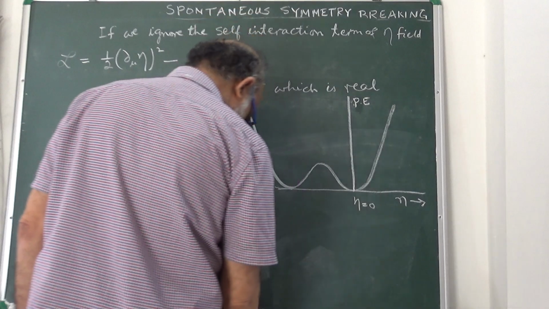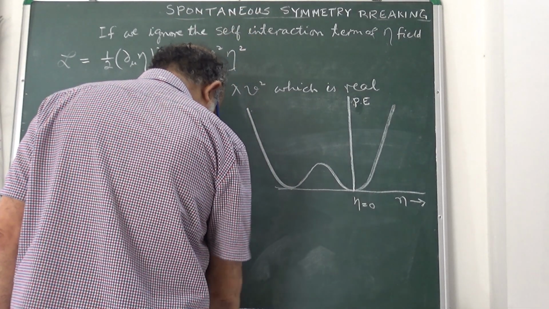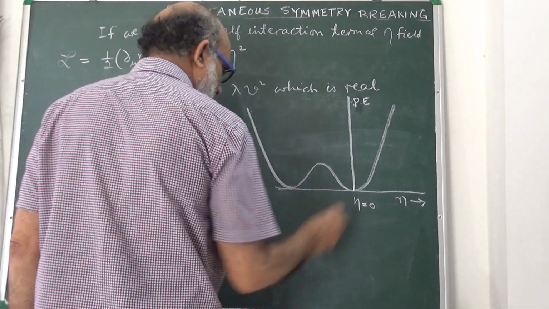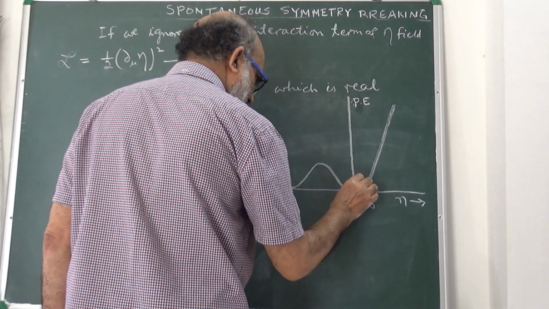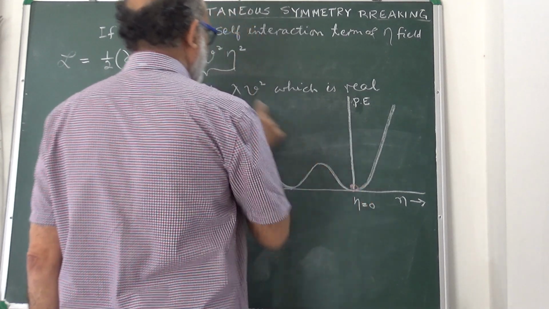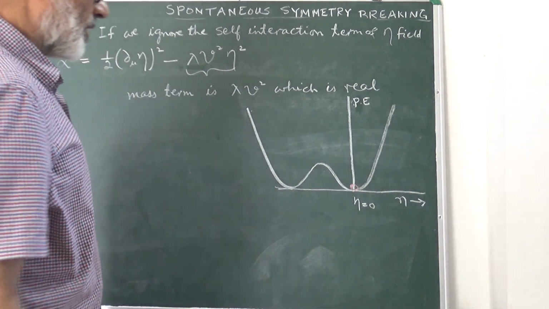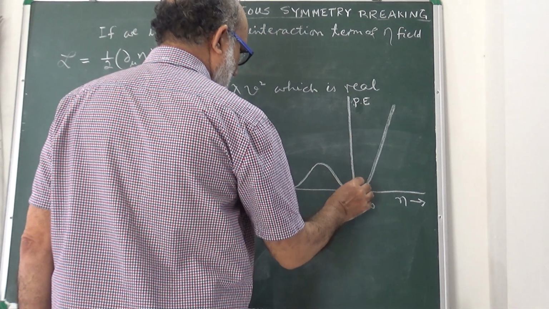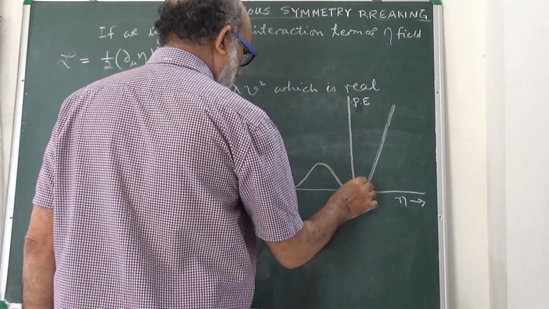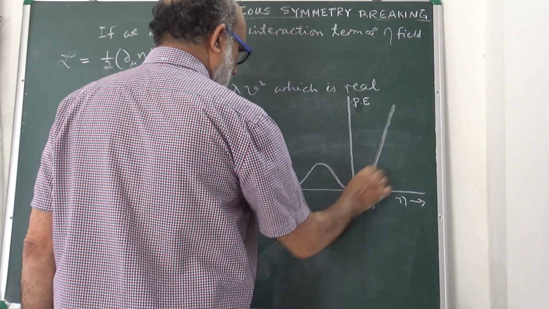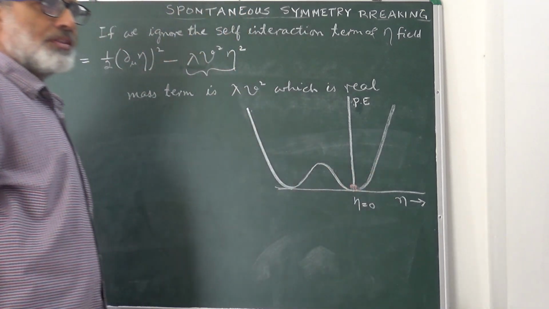The mass of the field quanta here is lambda b square, which is a real value. It means as if a real mass is oscillating in this cup, this potential field.